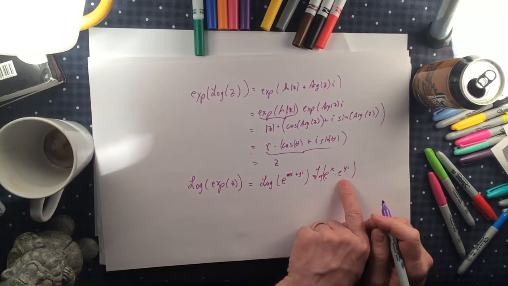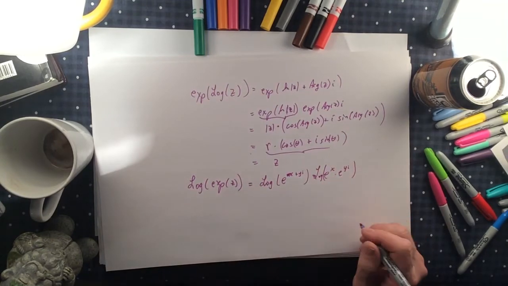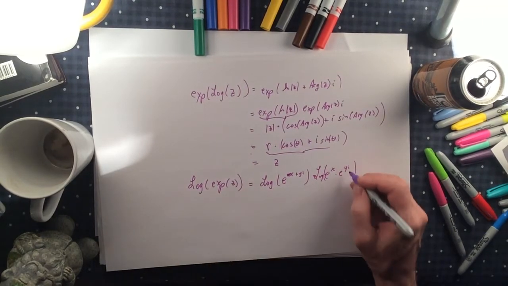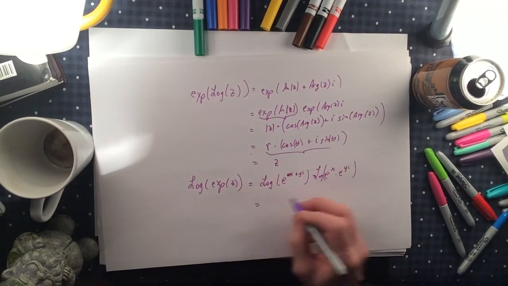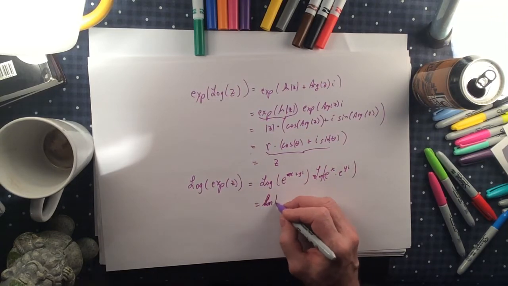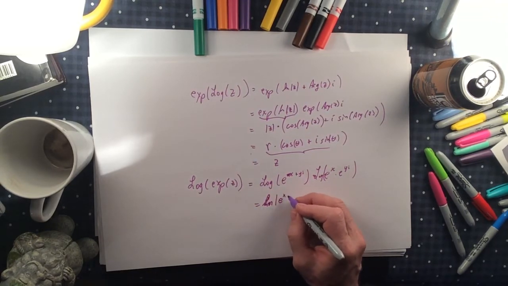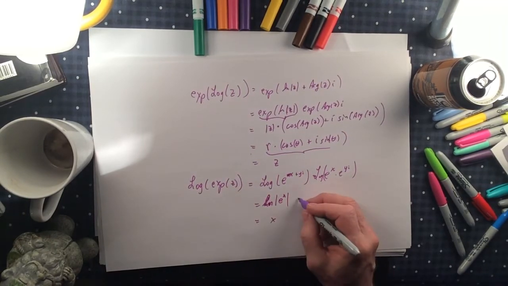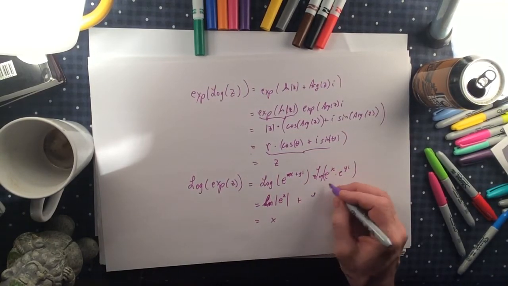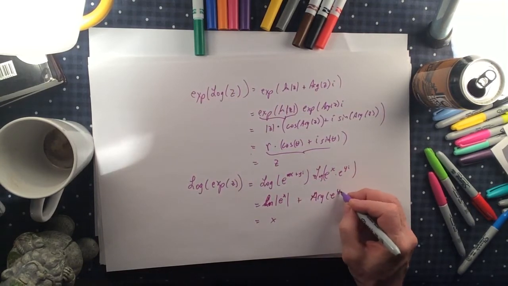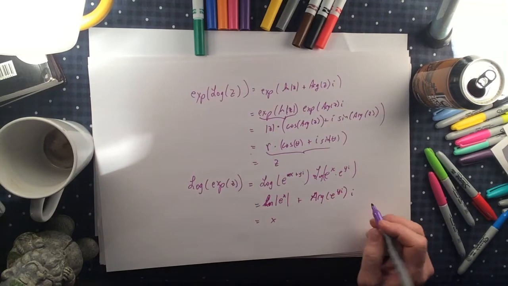Now that's the real, that's the r, and that's the polar part. And so we get the log, the ln of the absolute value of e to the x, which is already positive, which would be ln e to the x, which is x, plus, and now we're going to get the log, the argument of e to the yi.